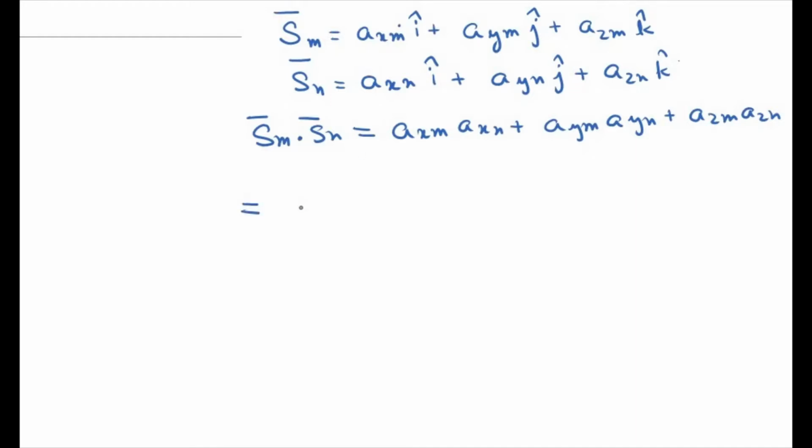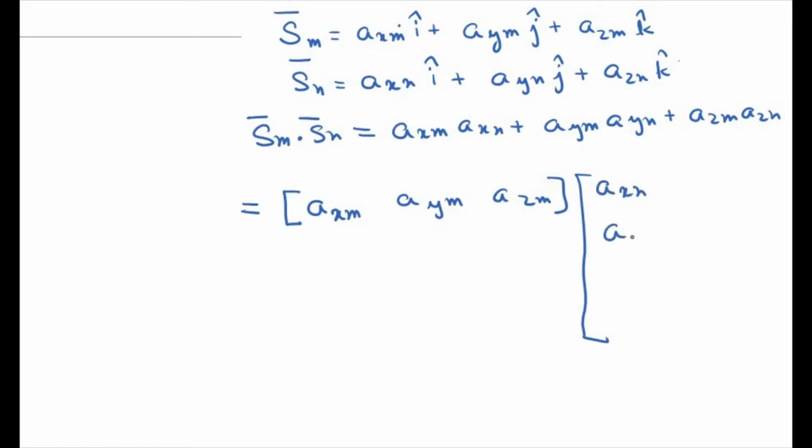This can be represented by a row vector a_xm, a_ym, a_zm, multiplied by a column vector a_xn, a_yn, a_zn.